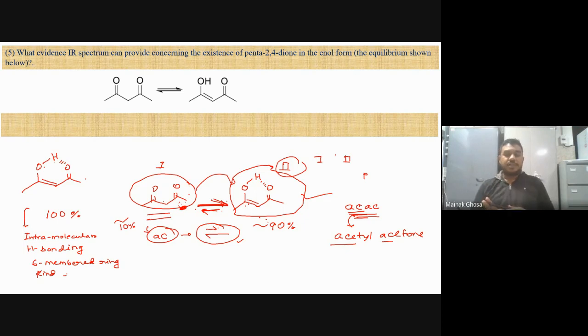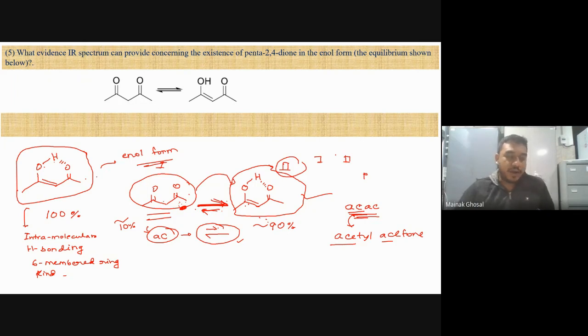Now, the question is, what evidence can the IR spectrum provide concerning the existence of pentane-2,4-dione in enol form? I am saying this is the more prominent form, the enol form from keto-enol tautomerism. So if a compound is in enol form, how can you prove it from your IR spectrum?